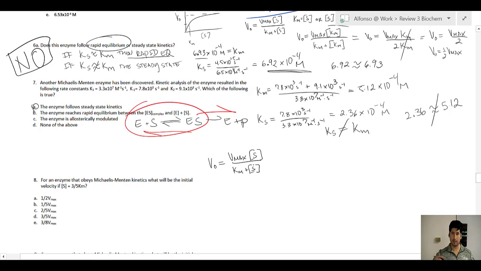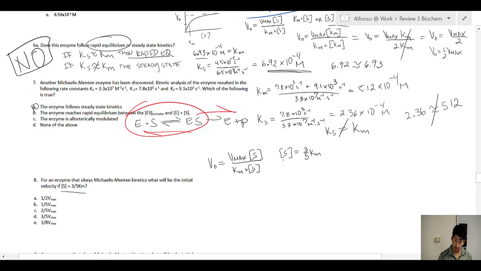And you're probably wondering, why am I even using this equation? I'm going to show you. So here what they're telling us is that the substrate concentration is 3/5 of the Km. We don't need anything else. So substrate concentration is equal to 3/5 of the Km.